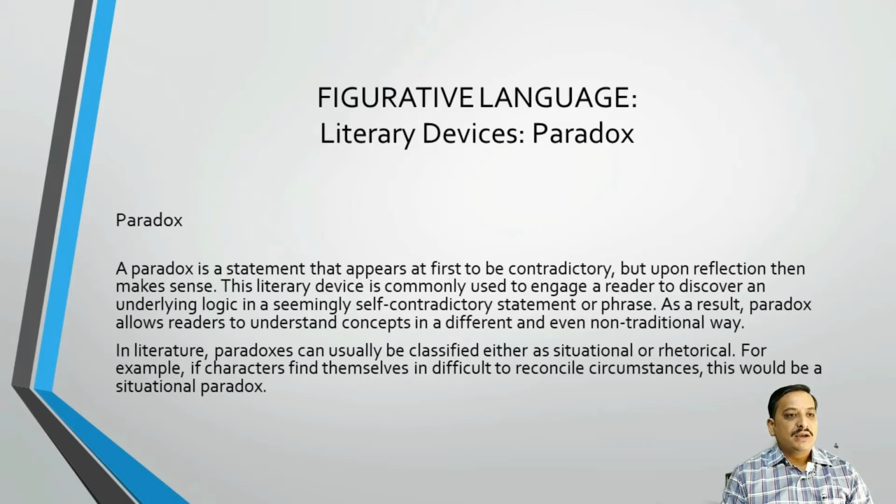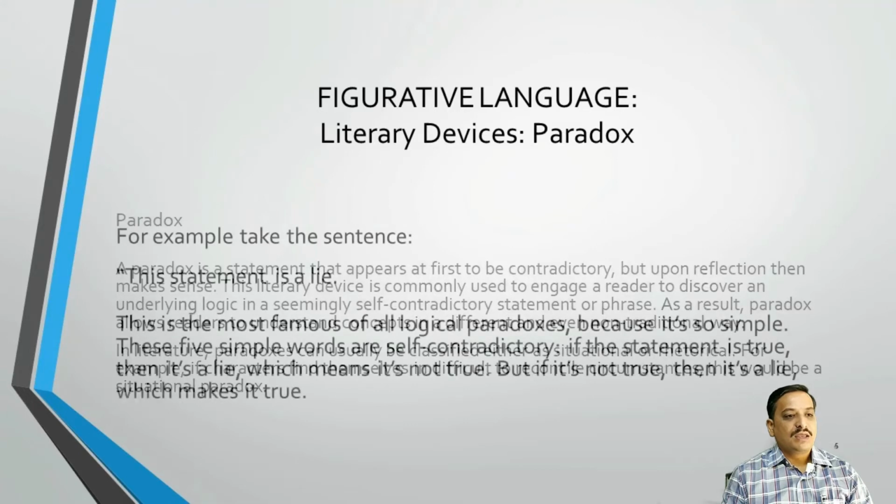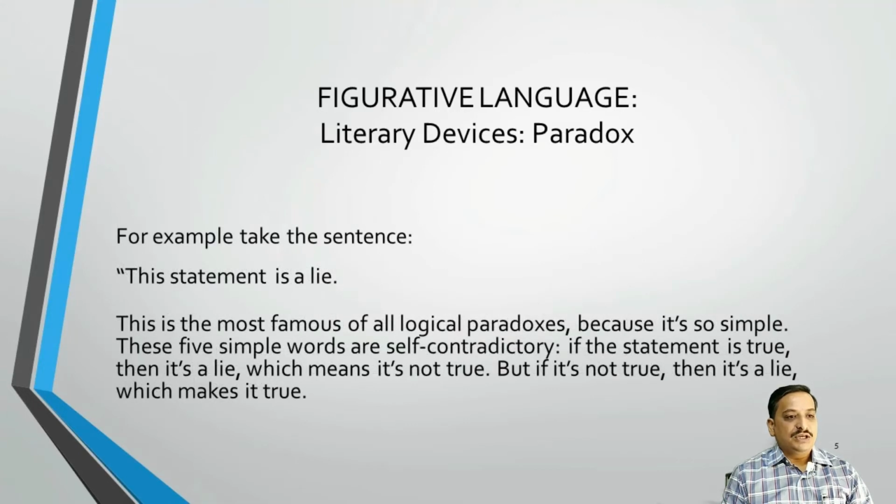In literature, paradoxes can usually be classified either as situational or rhetorical. For example, if characters find themselves in difficult to reconcile circumstances, this would be a situational paradox. Examples include the sentence, "This statement is a lie."